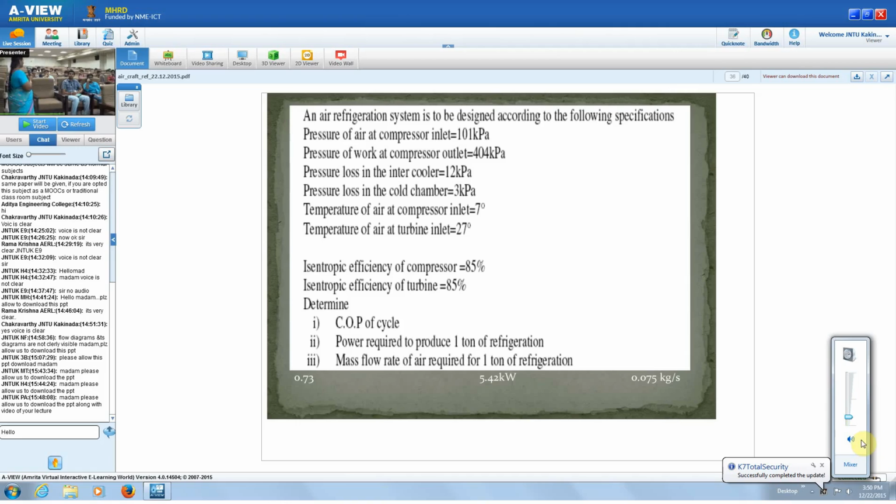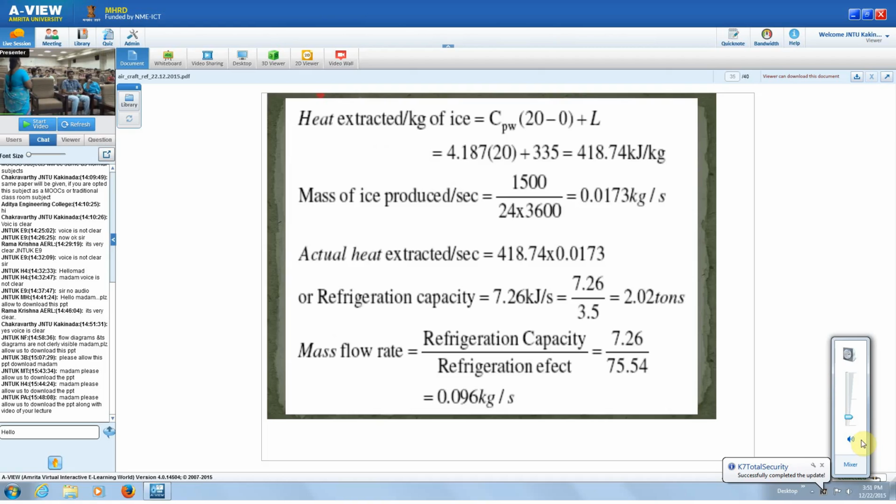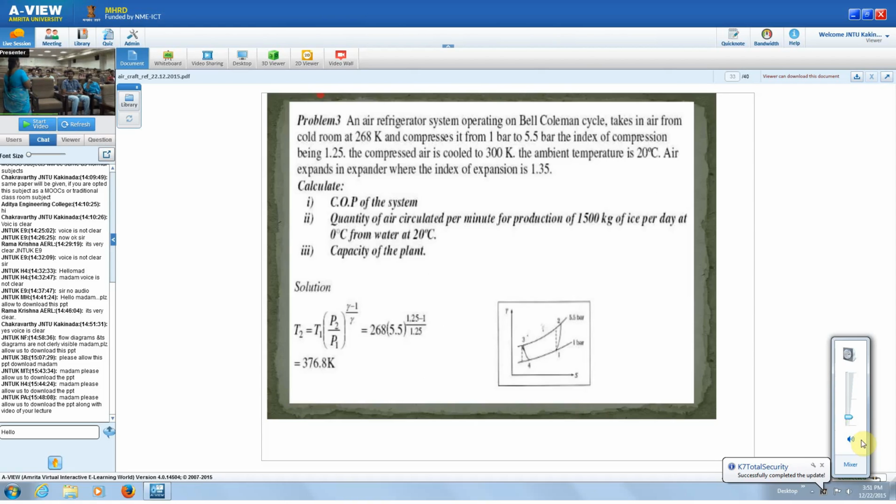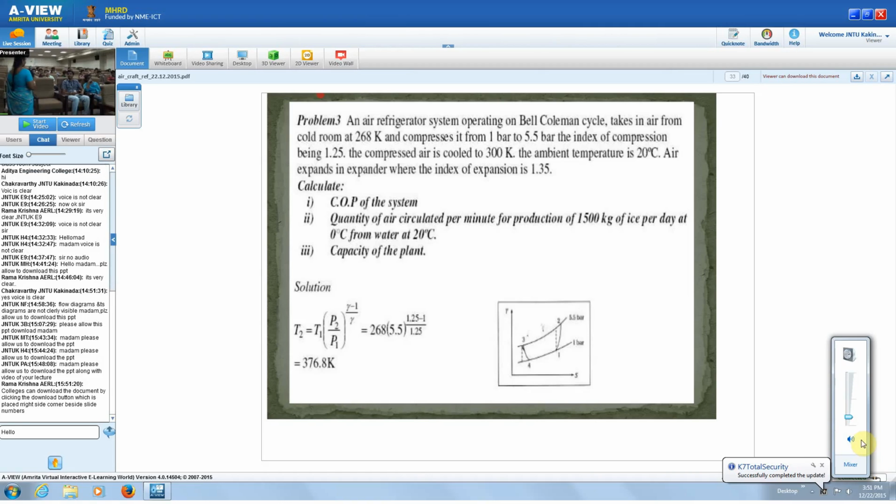Doubts from you. I'll ask questions, you have to answer. Why is the reduced ambient cooling system preferred?